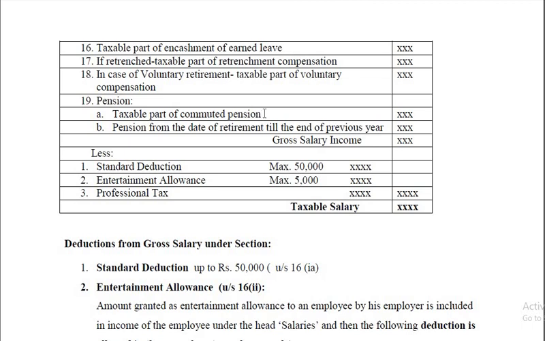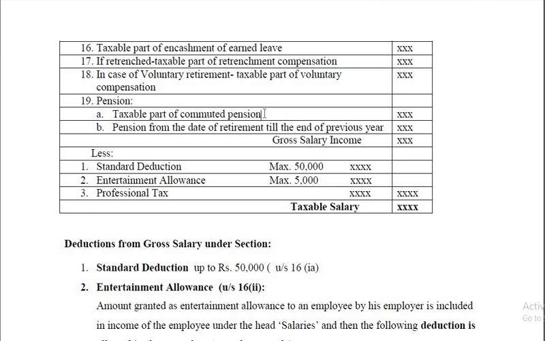Pension is payable to the employee every month. But sometimes instead of getting the pension in installments, the employee may opt for getting the amount in one lump sum. That is called commuted pension. He is commuting the pension.